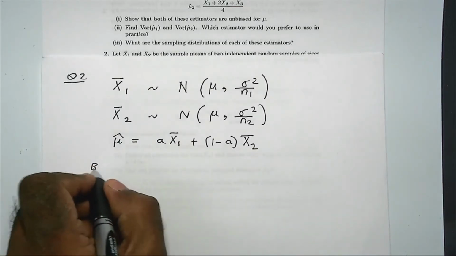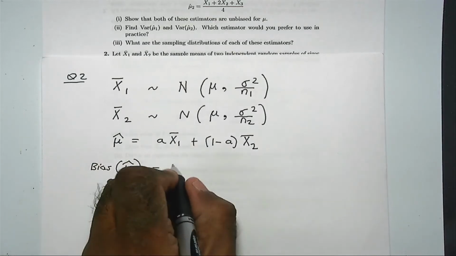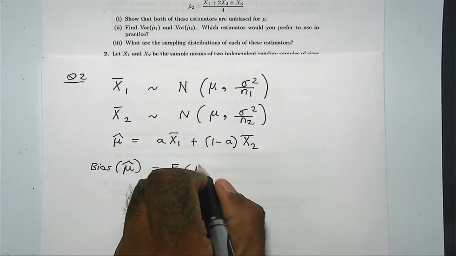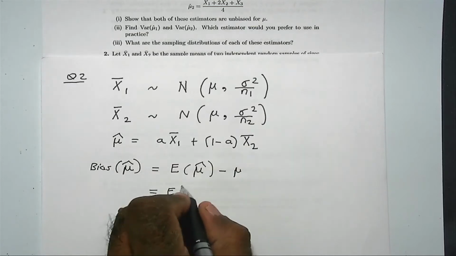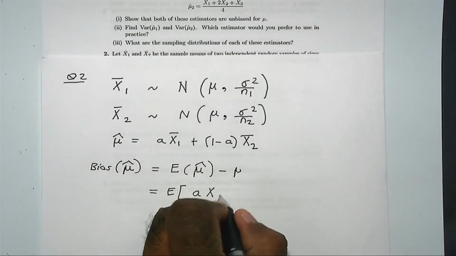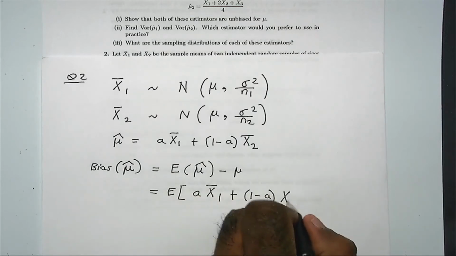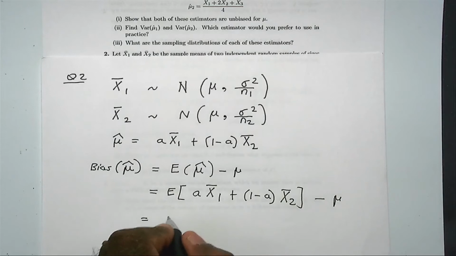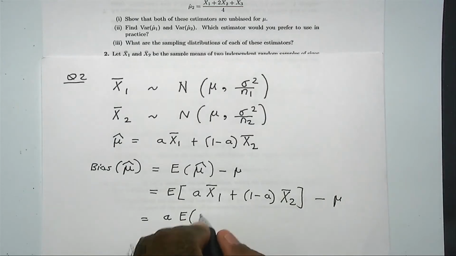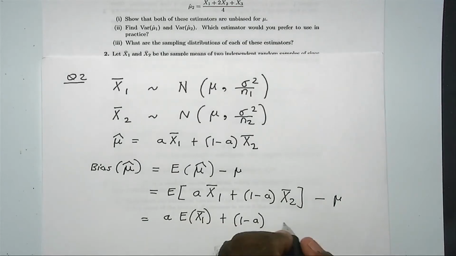So we want to find the bias of this, which is the expectation of mu hat minus mu, and take the expectation inside. You have this.